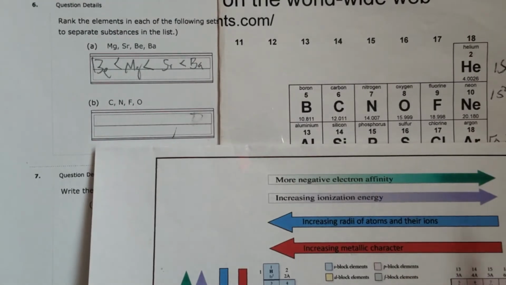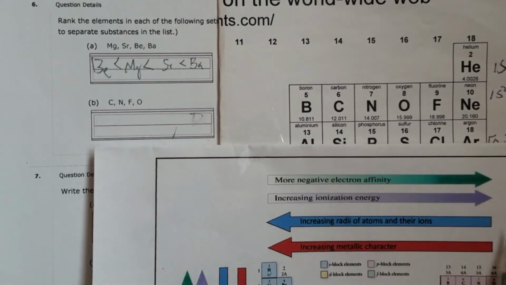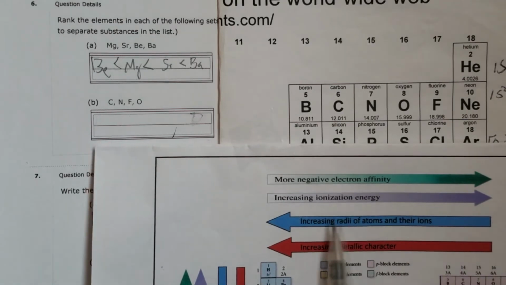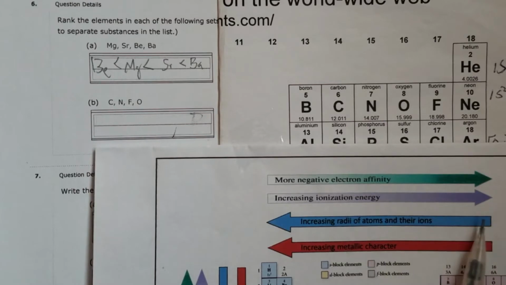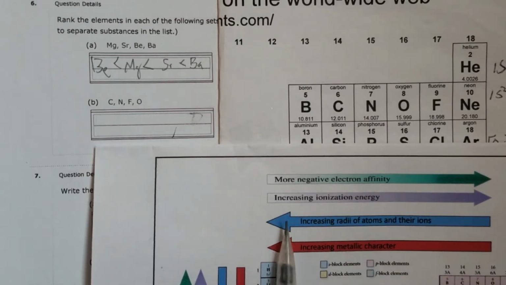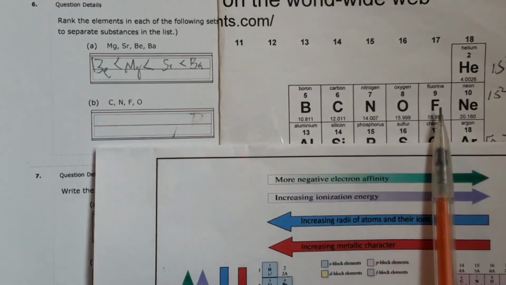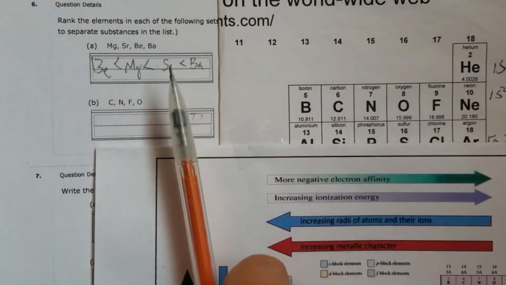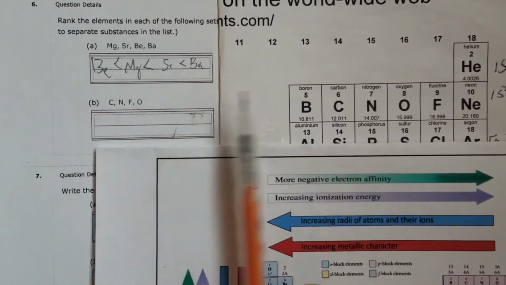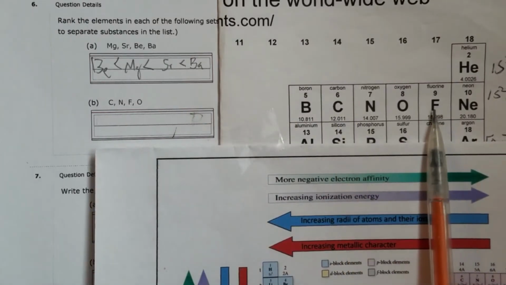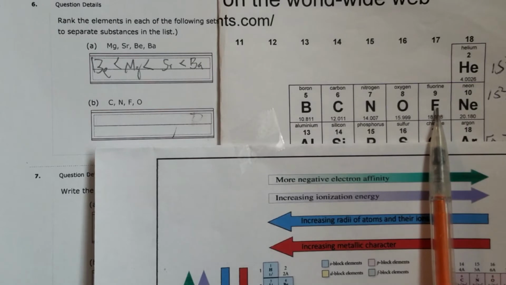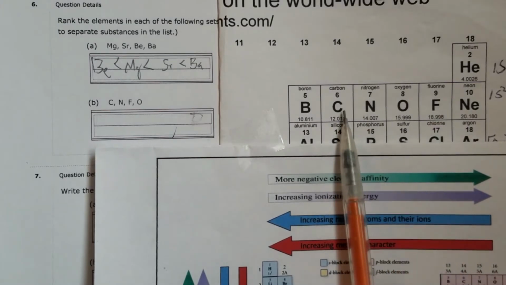Let me make a correction. Again, the radii of atoms should be increasing from right to left if you follow this green arrow. So therefore of the 4 elements in question, fluorine should be the smallest one, and carbon should be the largest one.